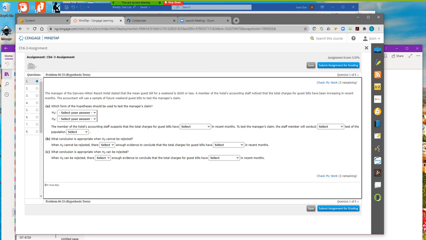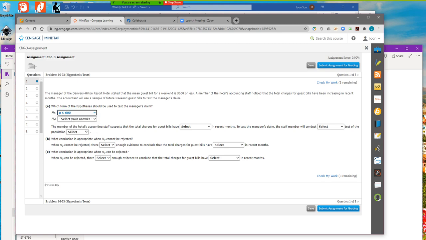So the null hypothesis is this, and the alternative hypothesis is greater than. Okay, so that's the answer. And then what conclusion is appropriate?